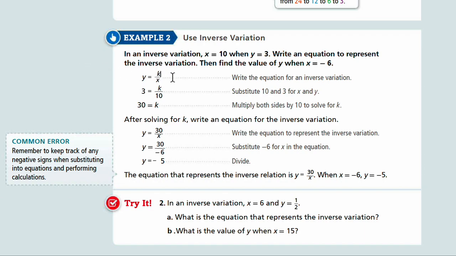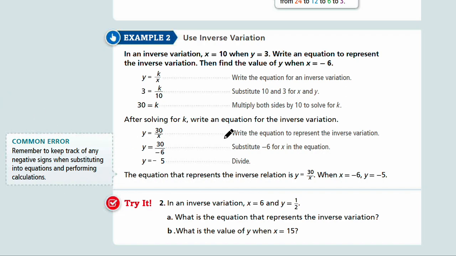So once we figure out k by multiplying x and y when both of the values are known, we can plug it into this inverse relationship, y equals k over x, and write the equation as y is equal to 30 over x.